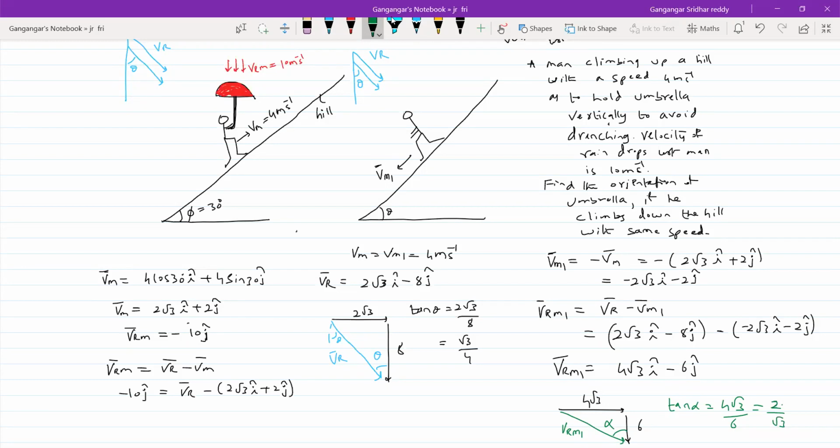So somewhere the velocity of rain, I'll just show it here. 2 by root 3; look at the theta, this one, theta is root 3 by 4, no? 1.7 by 4. Here, 2 by 1.7, which will be greater. I'll give the angles itself, so it'll be easy for us. 1.7 by 4 is 0.425.